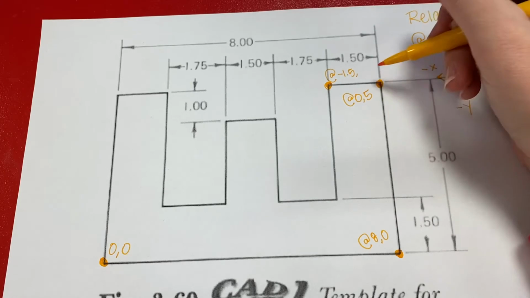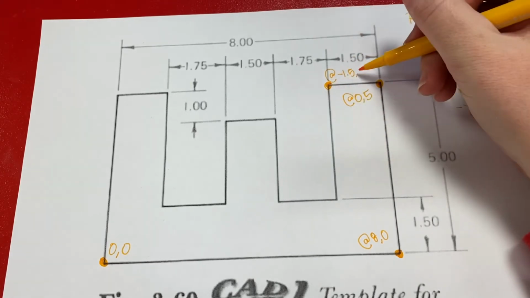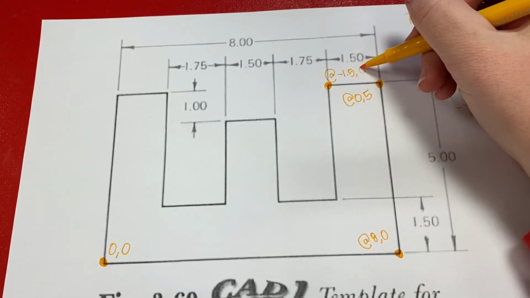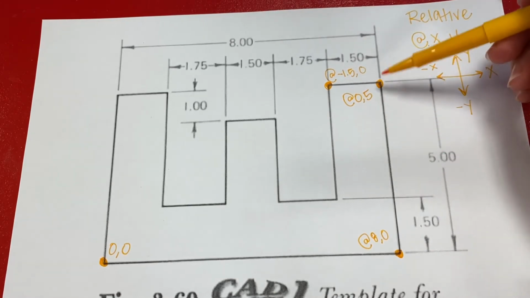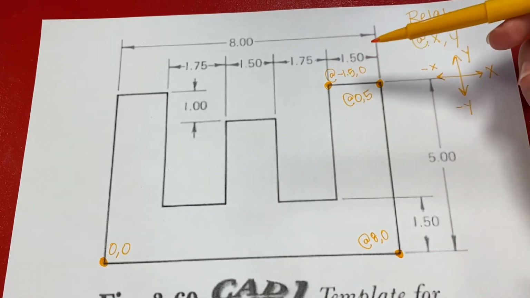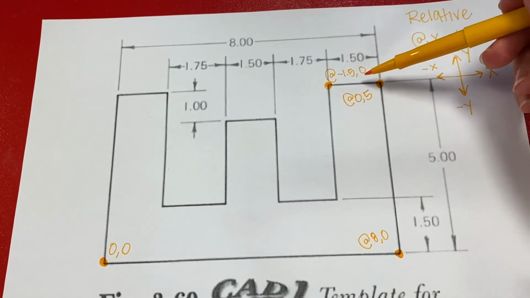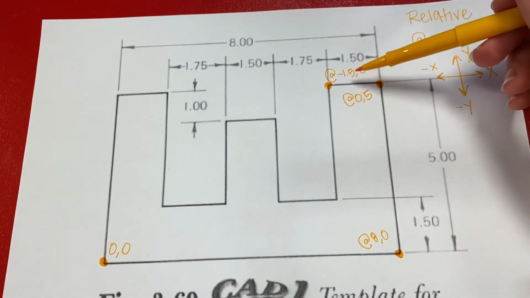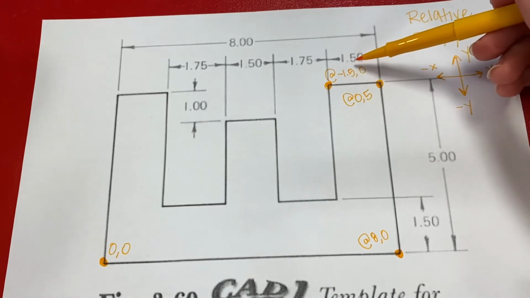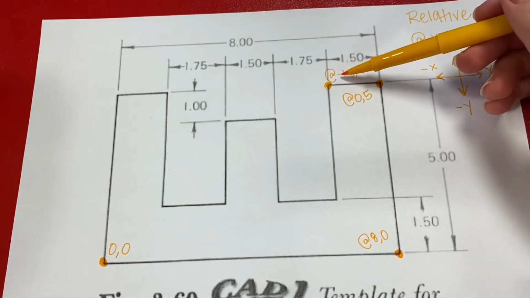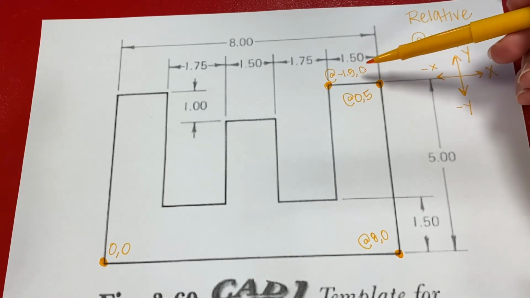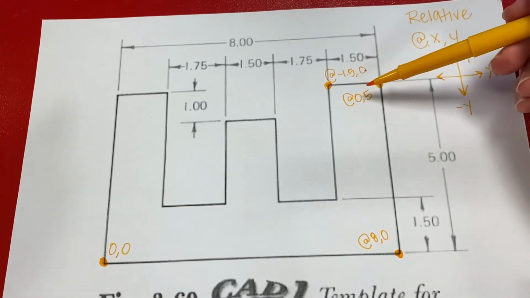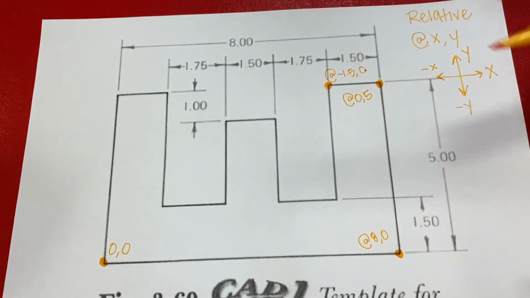And since we're moving straight over, it's going to just be a 0 for the y. So with a relative coordinate, anytime you have a horizontal or vertical line, you're always going to have at least one 0 in your coordinate. If it's a horizontal line, the y is 0. If it's a vertical line, your x is going to be 0.